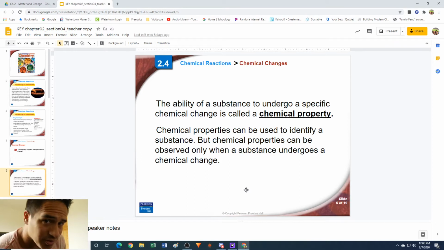However, chemical properties are a little bit different, because if you test a chemical property and that material does have that property, afterwards that material is now gone. It's not there anymore. You've changed it into something else. So chemical properties are a little bit more special in that in order to test them, you actually have to make the material undergo a chemical change and make a new substance afterwards.